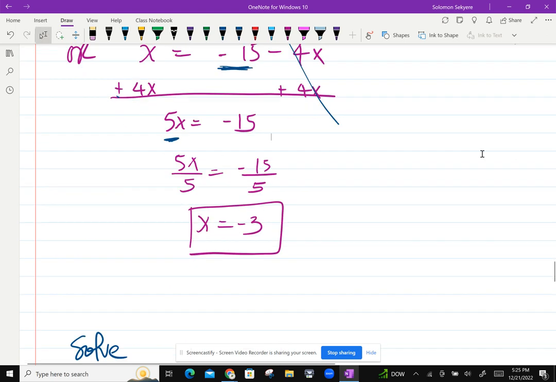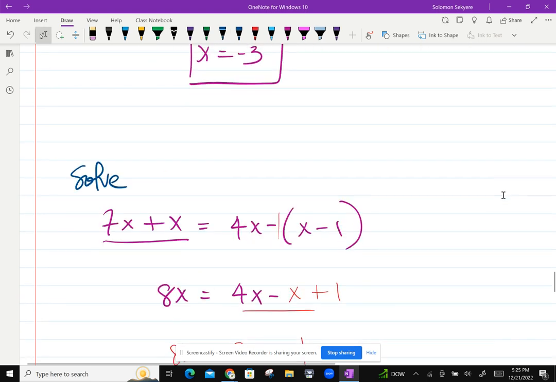So I have 5x equals -15. How do I find my variable? I divide both sides by the coefficient, which is 5. x equals -3. Because remember, negative 15 over positive 5, negative divided by positive is negative.